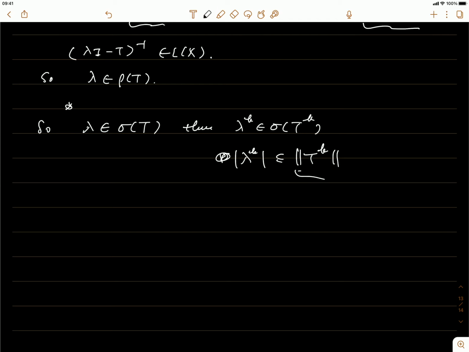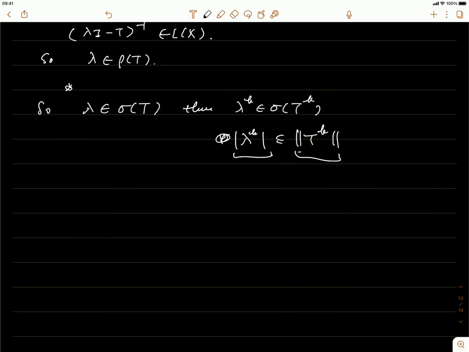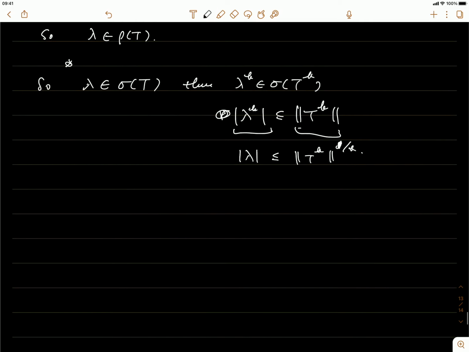Because outside of that, it must be in the resolvent set of T to the k. So if you're looking at some spectrum, the magnitude must be less than or equal to that. So the magnitude of lambda must be less than or equal to the norm of T to the k to the power 1 over k. So if this is true for any k, then lambda must be less than or equal to the lower limit of this.